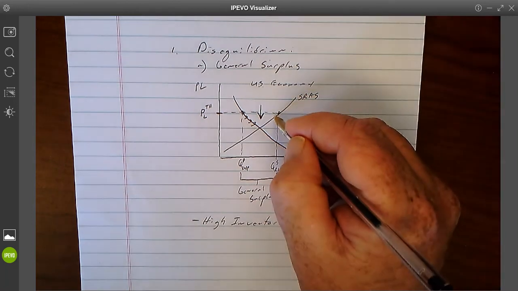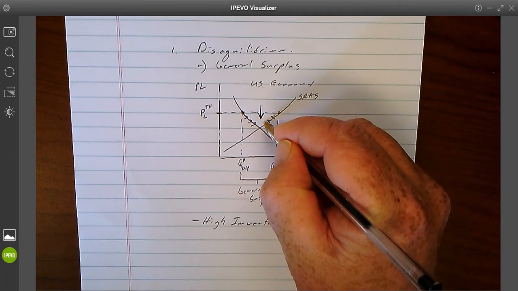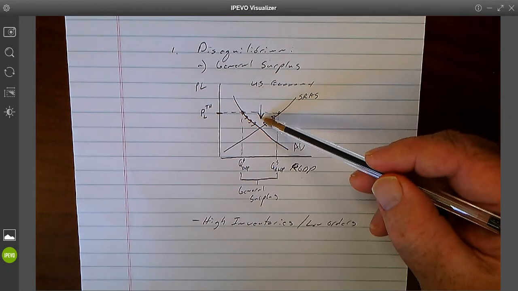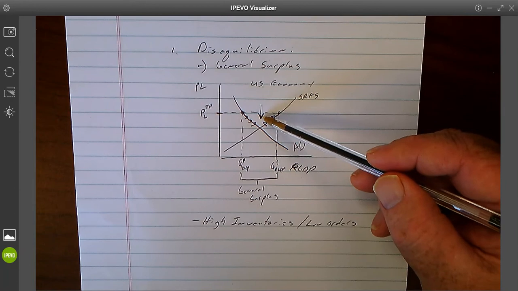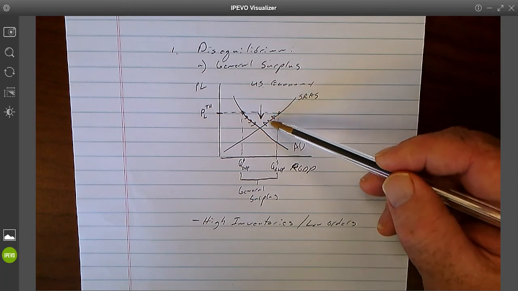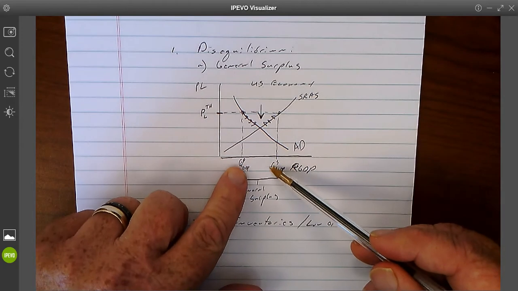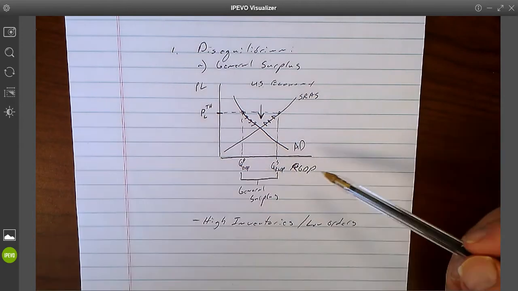But as the price level goes down, the quantity supplied will fall. Why? Because the price of the good that the firm sells is going down, but their costs are staying the same, so their profit per unit is going down, and they're not willing to make and produce as many units. And you can see this gap starts to shrink.